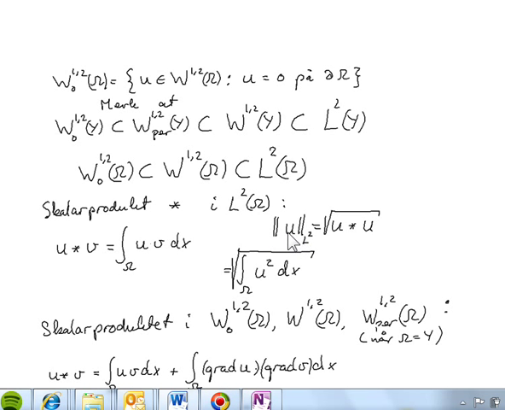Moreover, as usual, the norm of a vector is just the square root of the scalar product of u with itself. So using this definition of the scalar product, we see that the norm is equal to the square root of this integral.